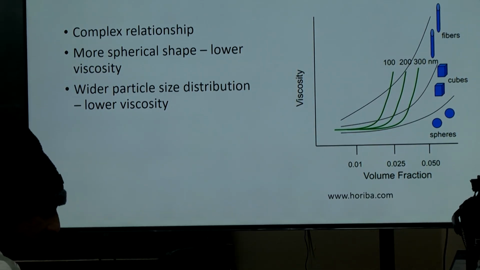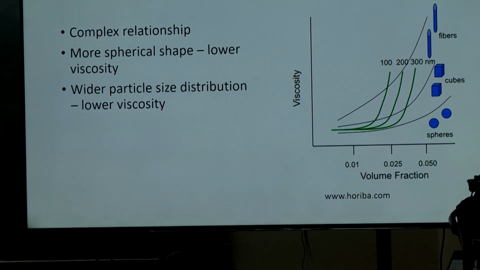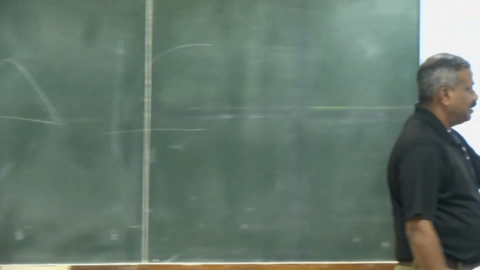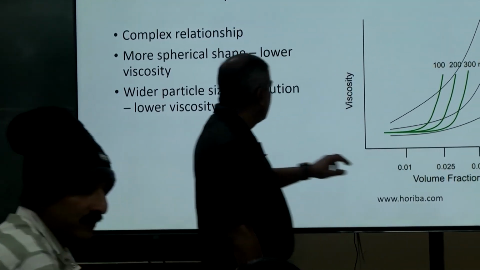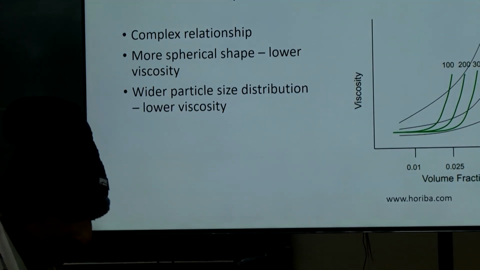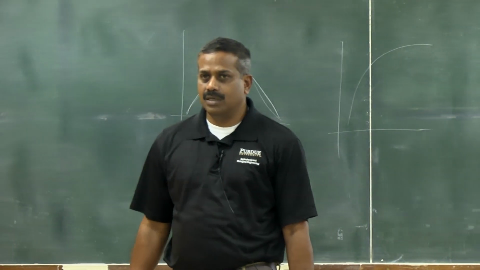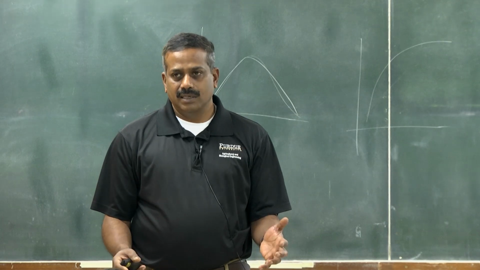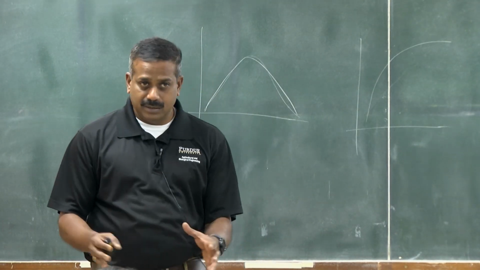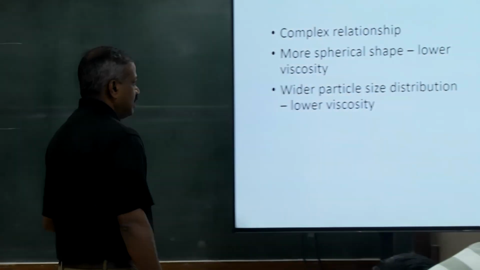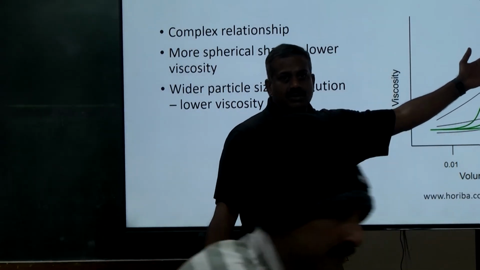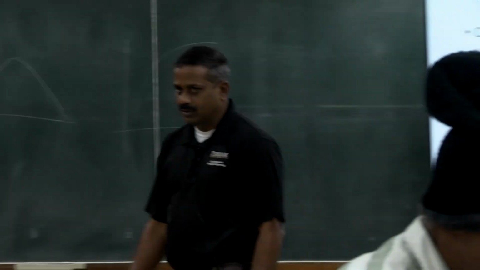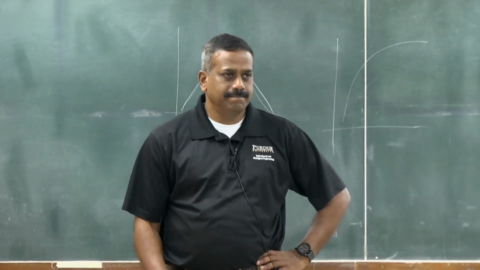On rheology, it's a little difficult relationship. It's complex. In general, if it's more spherical, you might see lower viscosity when compared with irregular shaped or high aspect ratio particles, okay? But again, it's a complex relationship. If you have a uniform ideal spherical particle, then viscosity might be lower, or it might flow more easily than fiber shaped or other differently shaped materials, okay?